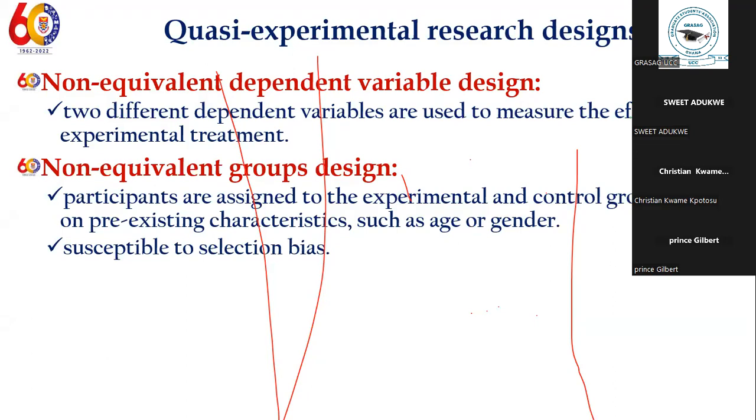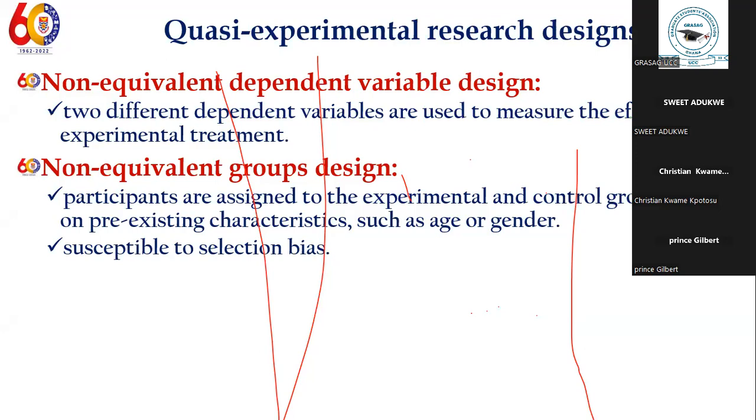So our main focus is about males. So all males are in the experimental group and all females are in the control group. When something like this happens, the groups that you are using are not equivalent. They are not the same.